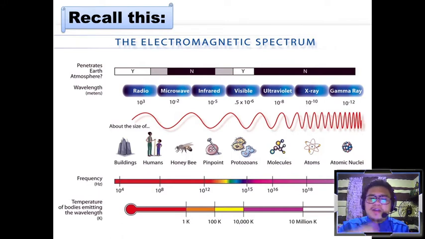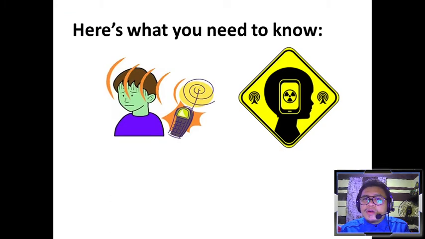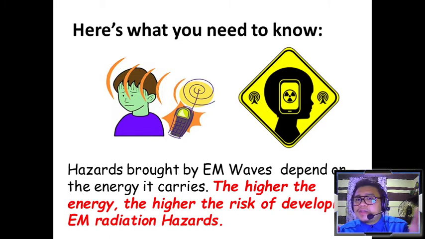and vice versa. Now, why do we have to go back to these basic properties of EM waves? Simply because here's what you need to know. As I've said, we are surrounded by a lot of gadgets that emit infrared radiation. And usually, the hazards that are brought by EM waves are dependent on the energy that it carries.